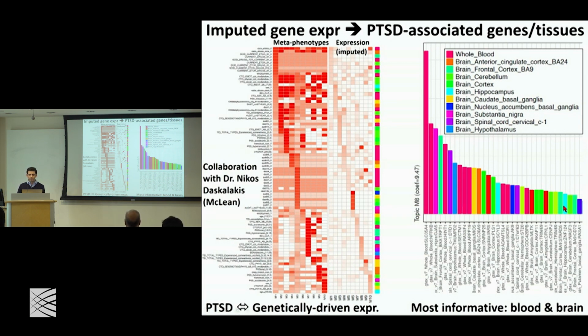And then we're able to say, can I impute the expression pattern of each of those tissues and see how our phenotypic clusters correlate with these tissues. So in collaboration with Nikos Daskalakis over at McLean Hospital, we found that, for post-traumatic stress disorder, one of the strongest associations appears to be with imputed expression in immune cells, again in blood.